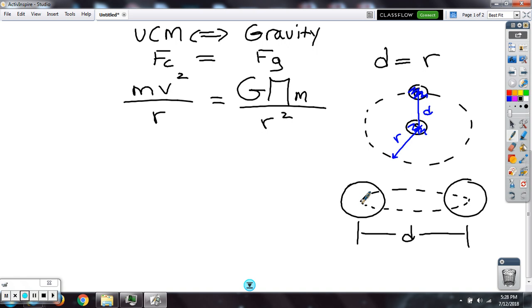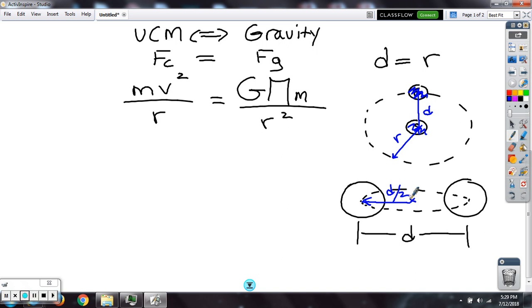So if that's the case, let's say they were of equal mass. In this example, what they would be orbiting around would be the center of mass. And so it would turn out that the radius of their motion would be d over 2. It would have to be half of that distance.